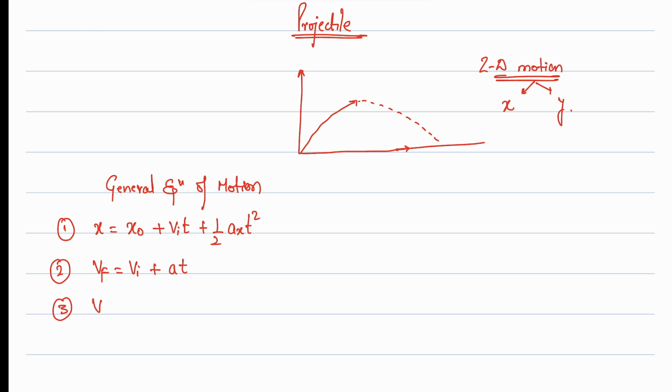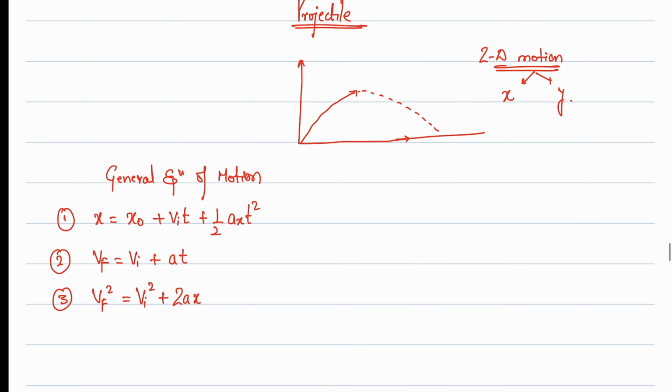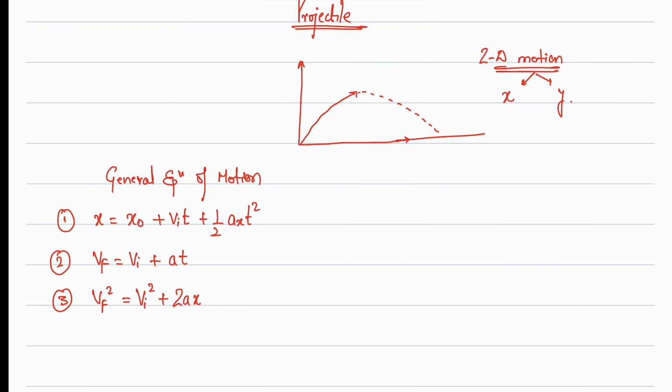Third: vf squared equals vi squared plus 2ax. Now we need to relate these three equations along the x-axis and along the y-axis. If the path is along the x-axis or along the y-axis, you just need to convert.